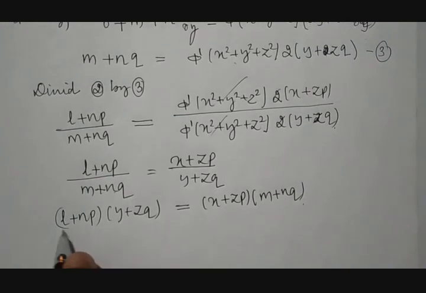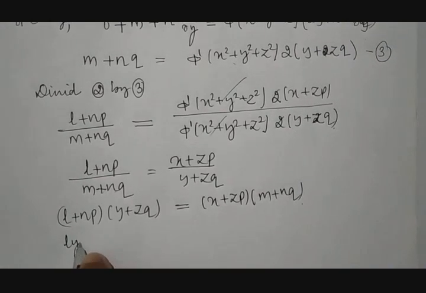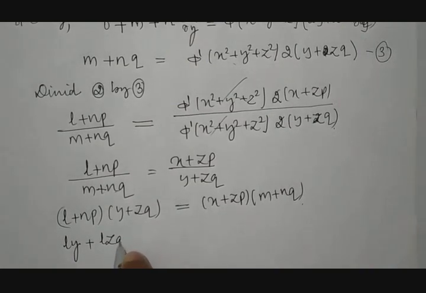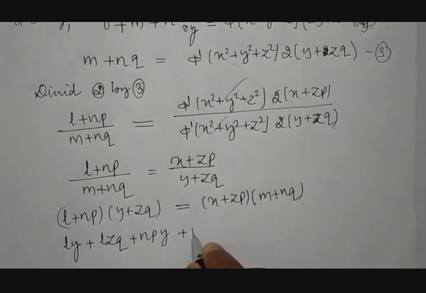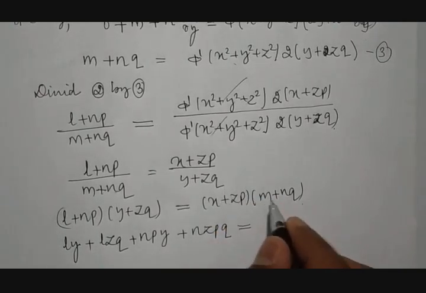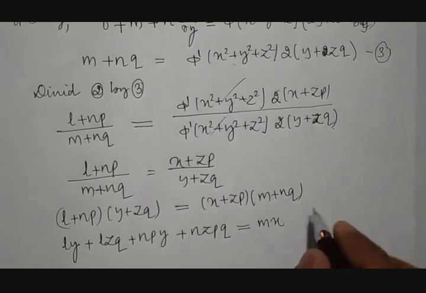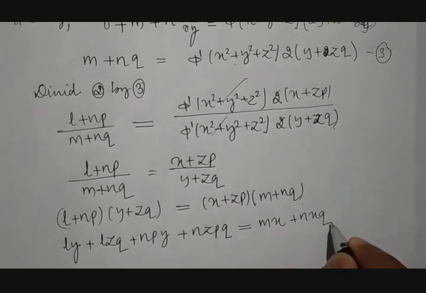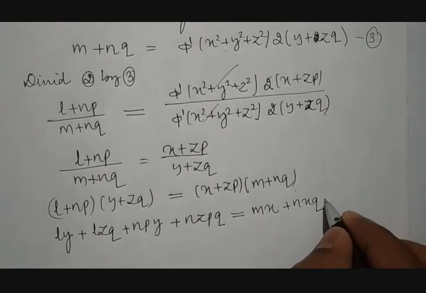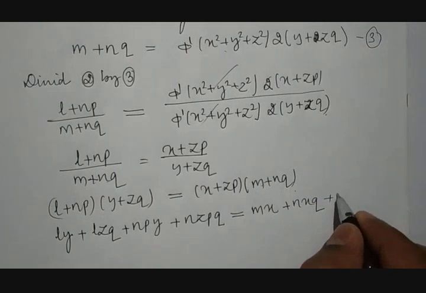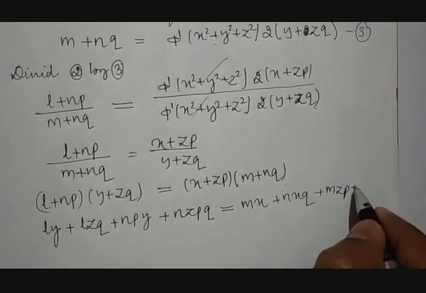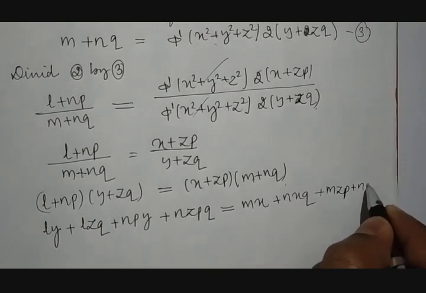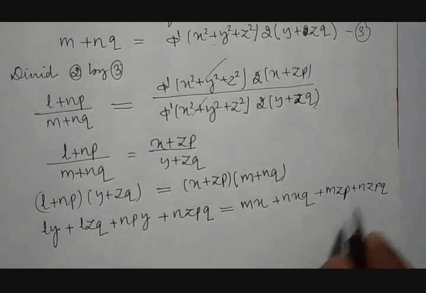Okay, therefore if we do the multiplication, then we will be getting Ly plus L into z into q plus n into p into y plus n into z into p into q, which is equal to, again multiplying, m into x plus n into x into q, plus m into zp, then further n into z into p into q.